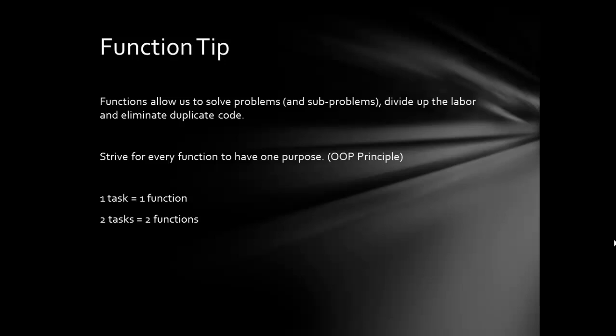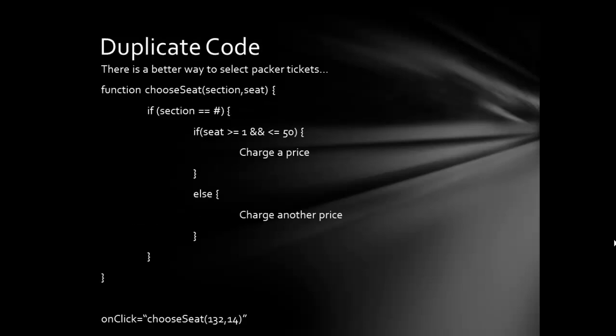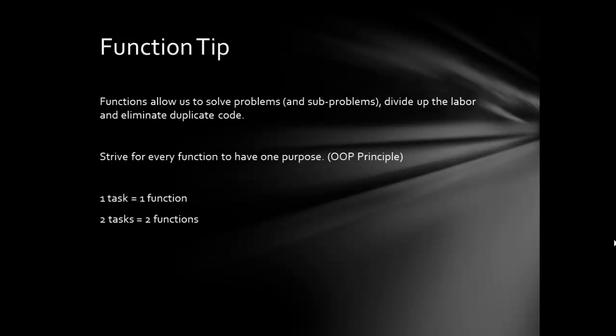We don't have one function that does 2 or 3 different things unrelated. Like before, our choose seat function simply chooses our seats, section and seat number, and figures out the price. One task, one function. 2 tasks, 2 functions.